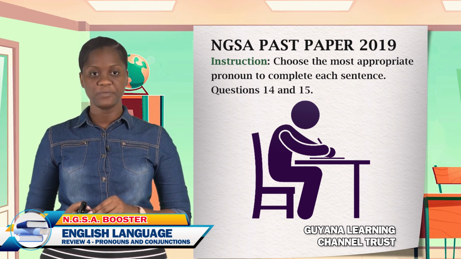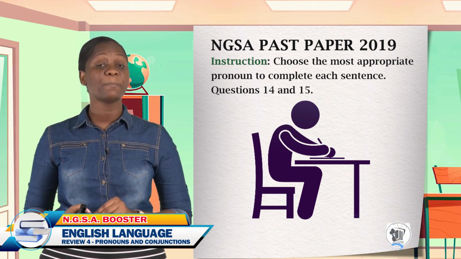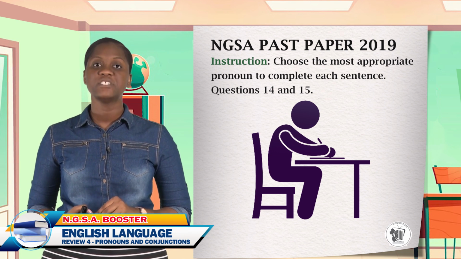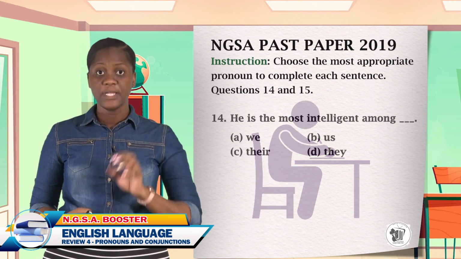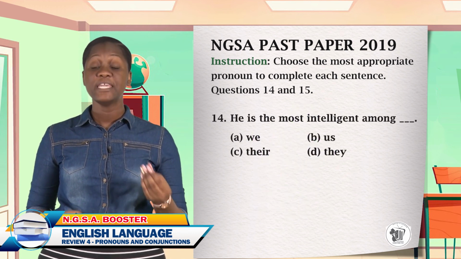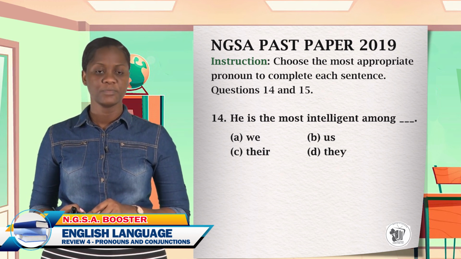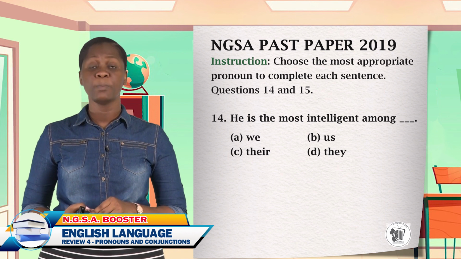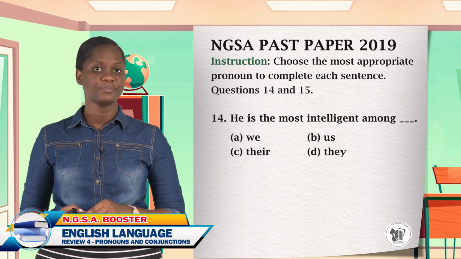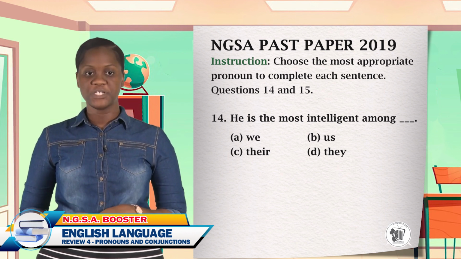The instruction had read, choose the most appropriate word to complete each sentence. Number 14, he is the most intelligent among something. What might be the most suitable pronoun for this question? Let's skim through the options.